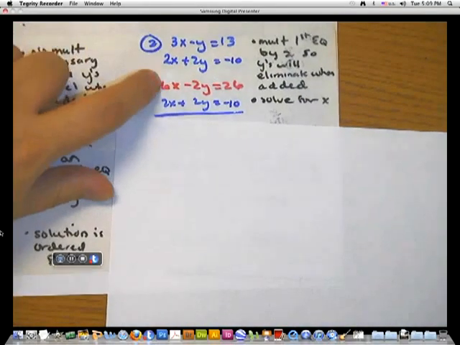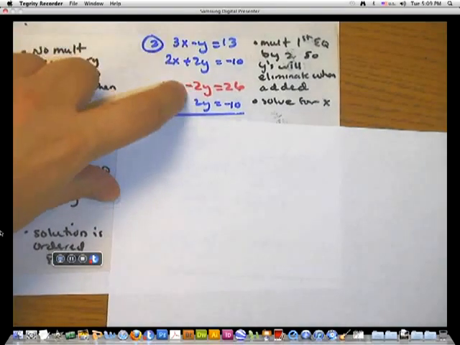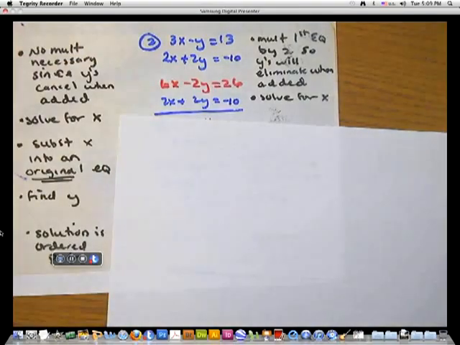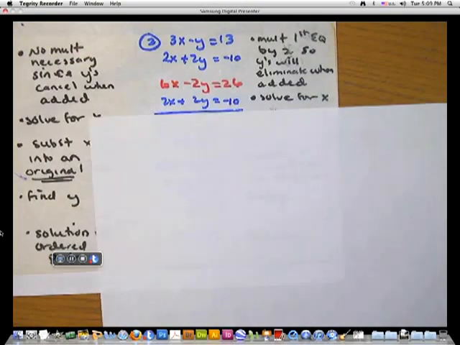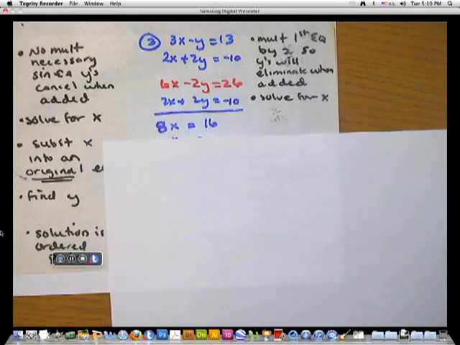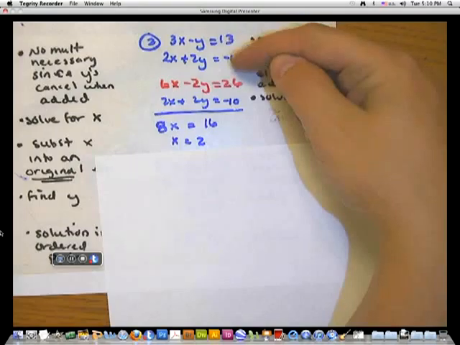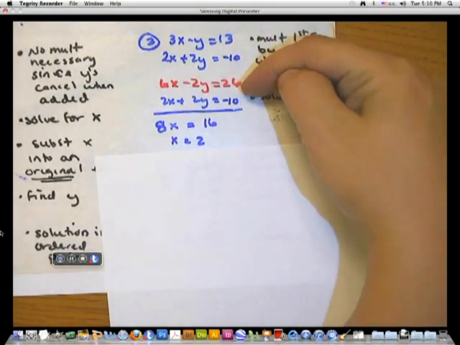So 3x becomes 6x, negative y becomes negative 2y, 13 becomes 26. I multiplied by the 2. I now get to eliminate the y's. So 8x is 16, solve for x. When I get x is 2, I need to put it back into one of my originals. I cannot put it into this red one.